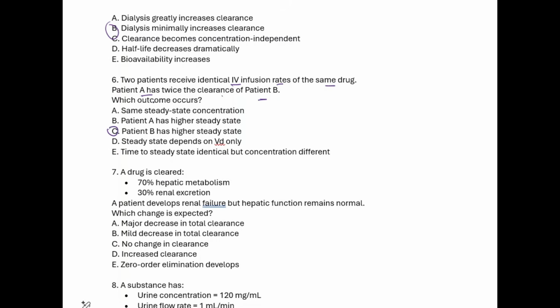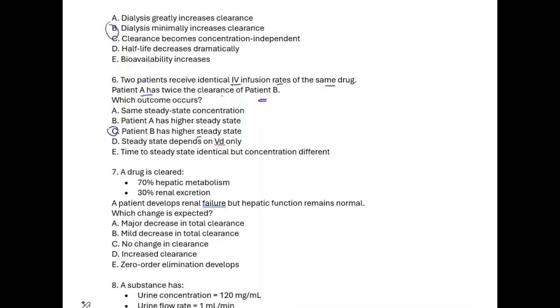Because if patient A is clearing the drug quickly, their steady state is going to be lower because of the increase in the clearance of that medication. So in this case, patient B is going to have a higher steady state.